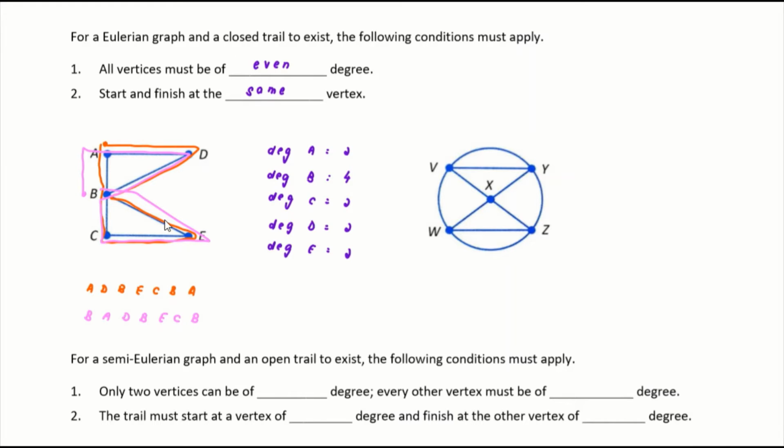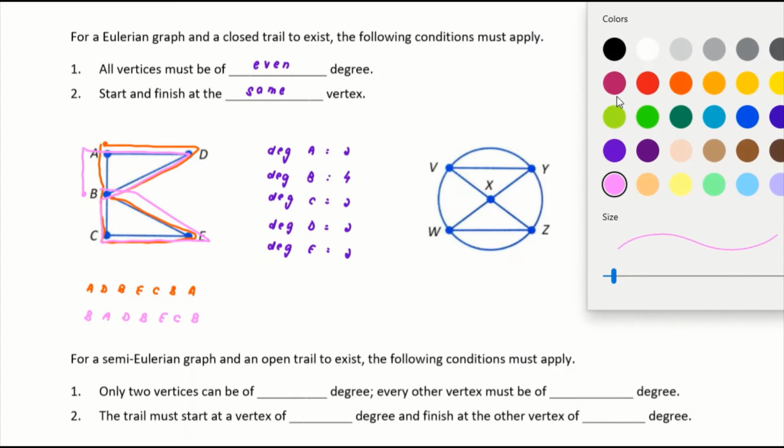In this case, you can have different answers depending on which vertex you start at. But the idea is that when you say it's a Eulerian graph, you must start and end at the same vertex.